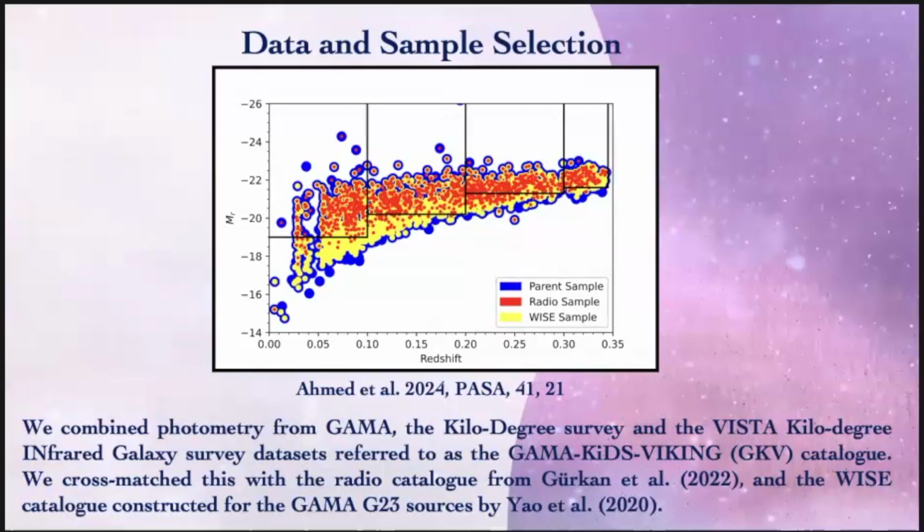I have constructed 4 volume limited samples in different redshift bins, starting from 0 to 0.35, and that's the basis of our subsequent analysis. By defining these samples, we are trying to keep our chosen galaxy sample above our radio detection limits.